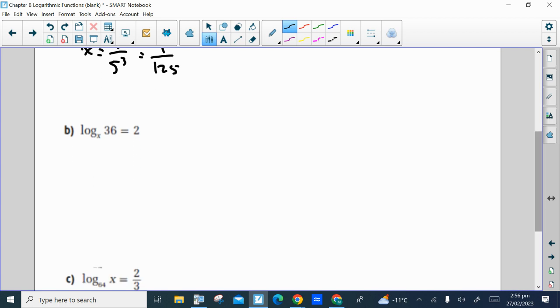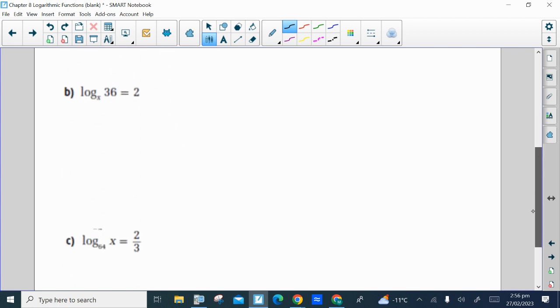Question B. Notice here the variable is the base of the log, but it doesn't matter. We can solve this by starting with the base and cycling through. The base of the log will be the base in exponential form, which is base x. Cycle through tells you what order the other pieces are written in. After the x, which is a base, we're going to have the number 2, which is our exponent.